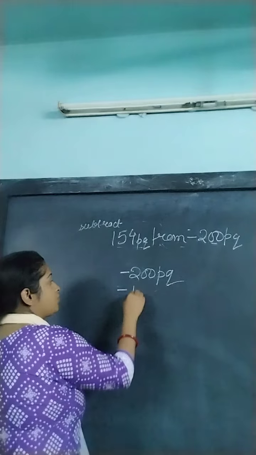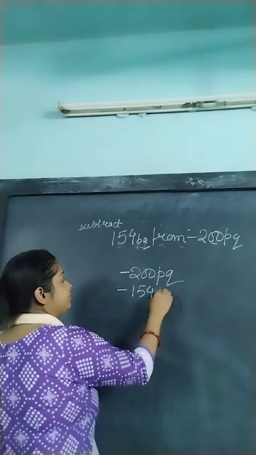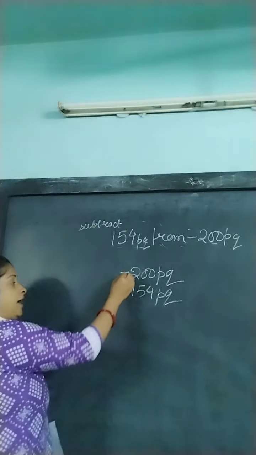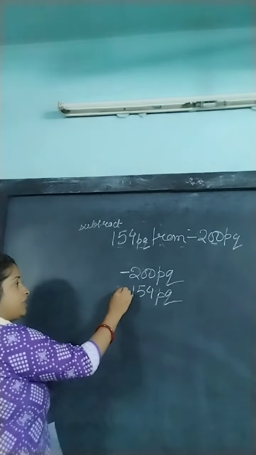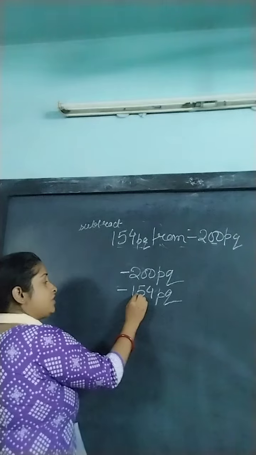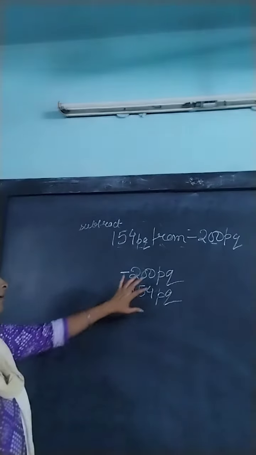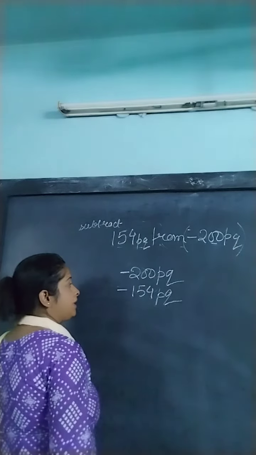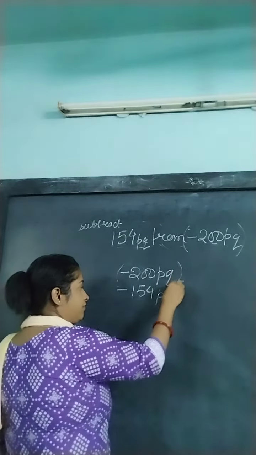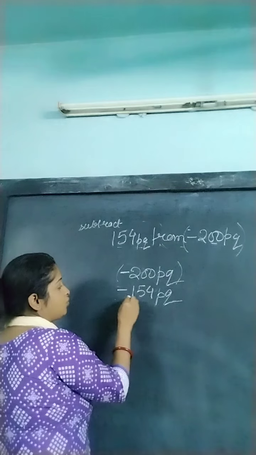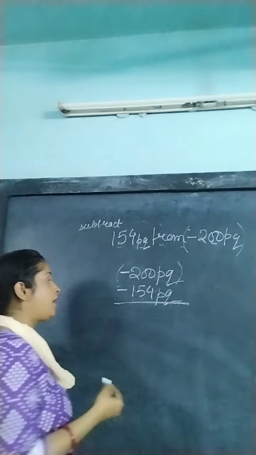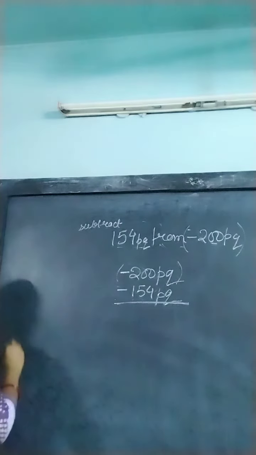So minus 154 p cubed. See, minus 200 p cubed and minus 154 p cubed both will be minus, because minus 154 p cubed you have to take out from this whole minus 200 p cubed. So minus 200 p cubed you will write first and then take out 154 p cubed. Taken out means you have to subtract like the way I have done.